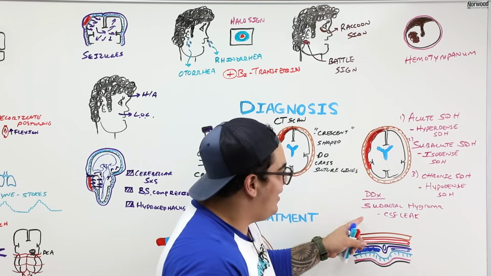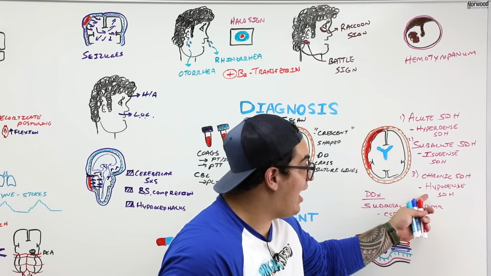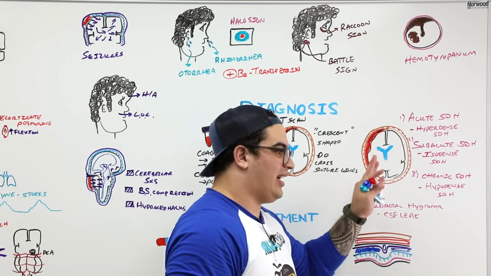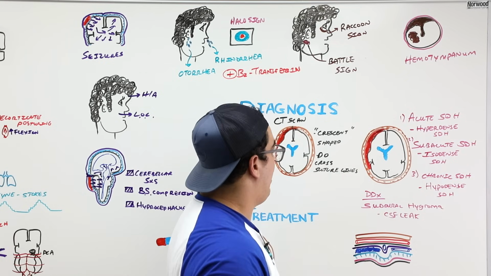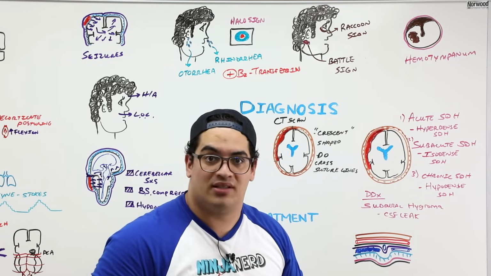So again, be thinking about that, especially if someone comes in with a chronic subdural hematoma and is very hypodense. Think about a differential of a subdural hygroma, potentially like a tear within the actual arachnoid matter. All right, but that gives us the big diagnostic things that we need to know about subdural.